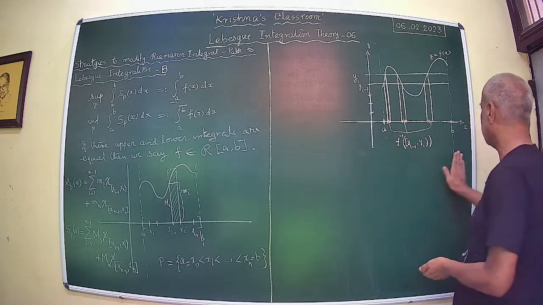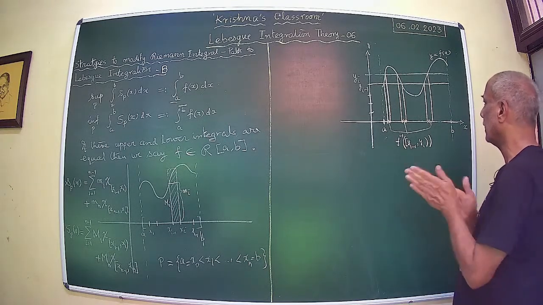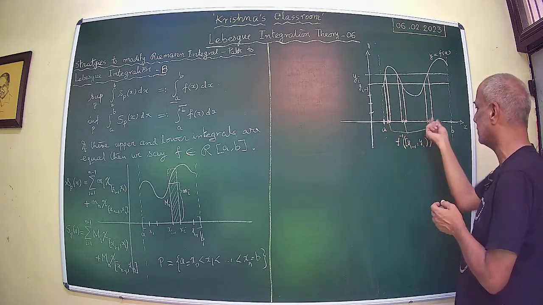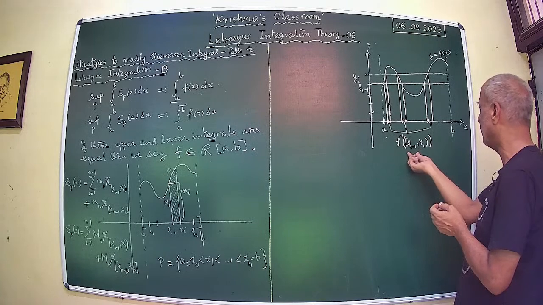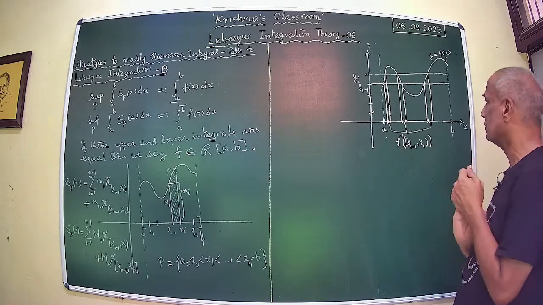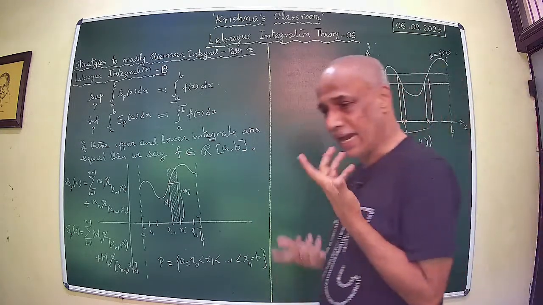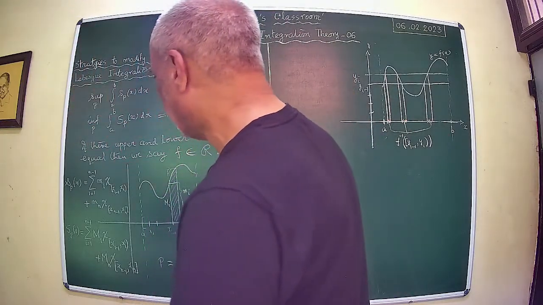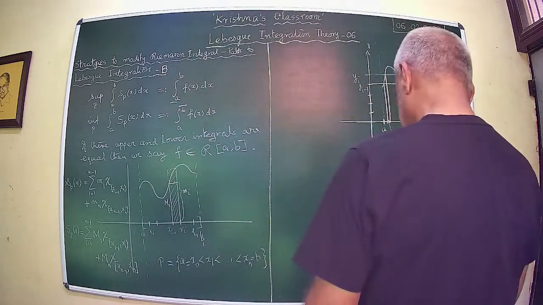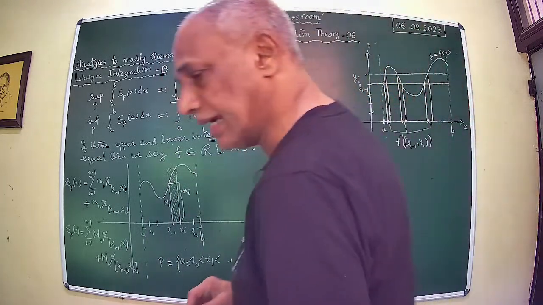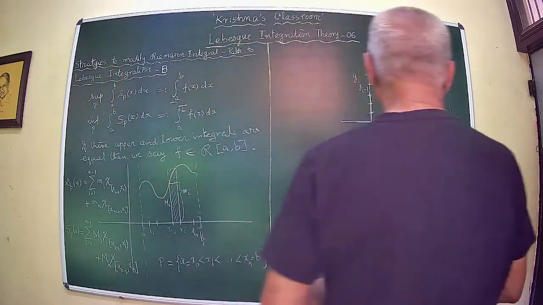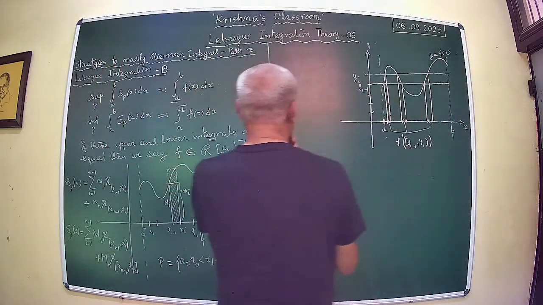And you see that on this set, that is f inverse of (y_{i-1}, y_i), an approximation from below is given by a step function.